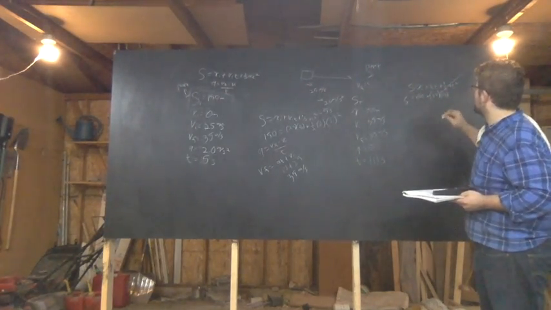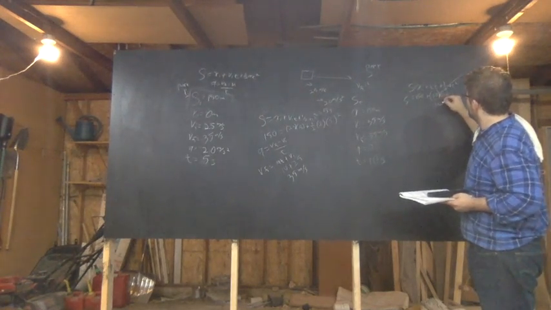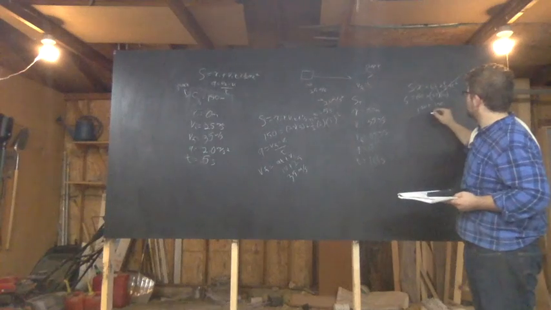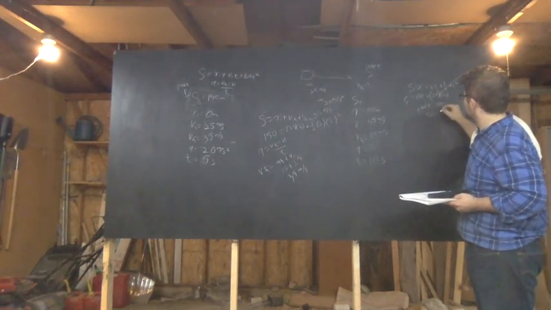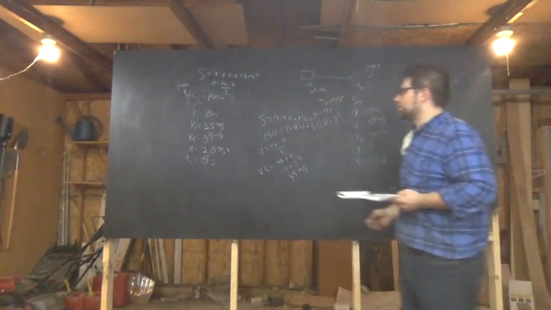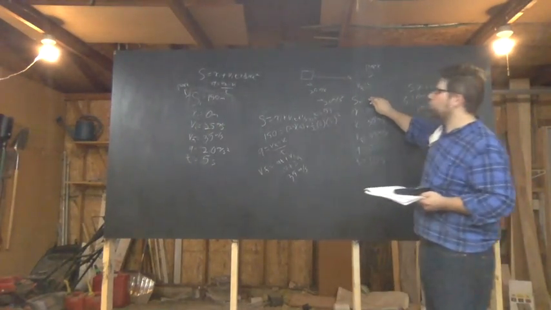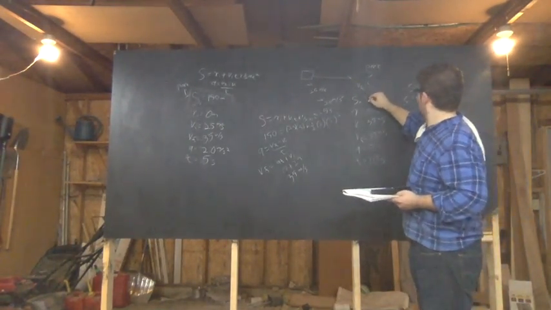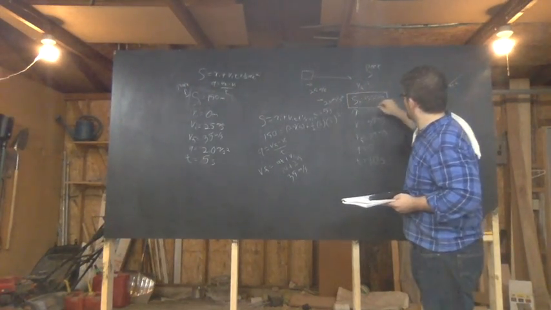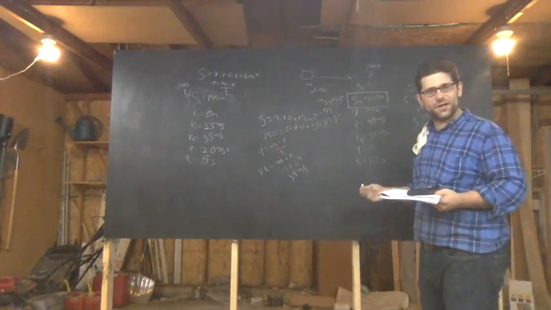So 35 times 10 is 350. 150 plus 350 is going to be 500. Nice clean numbers here. So our S total is going to be 500 meters. There you go. And that's that.